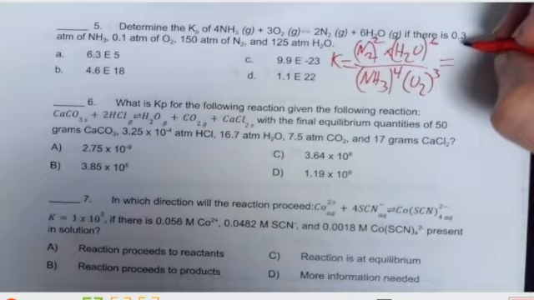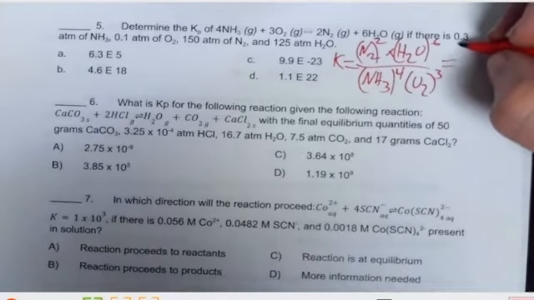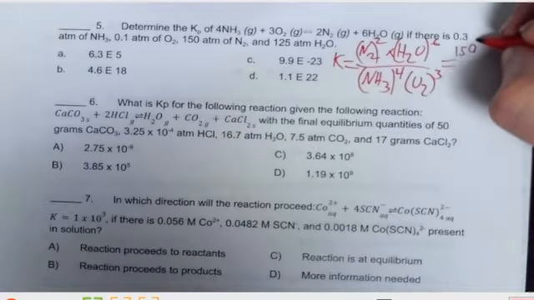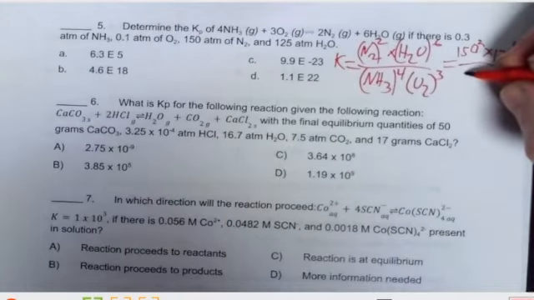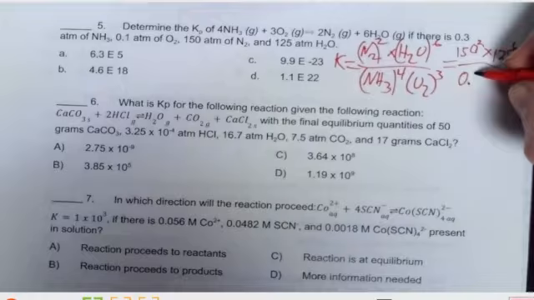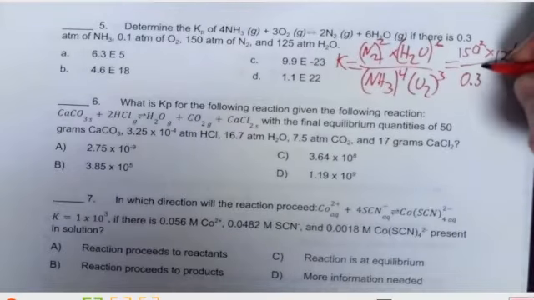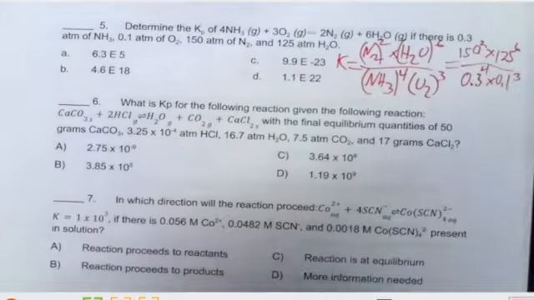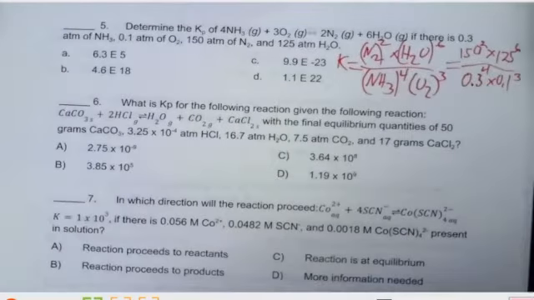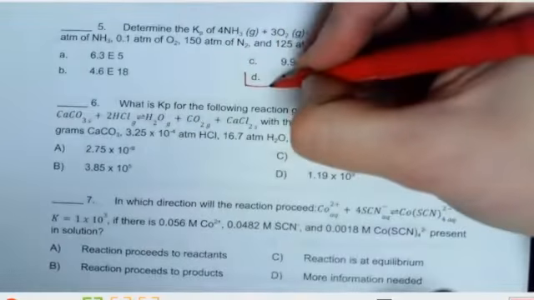You plug in your values. So we have 150 squared times 125 to the 6th, all over 0.3 to the 4th and 0.1 to the 3rd. Plugging in those values, you get D, a really large number.